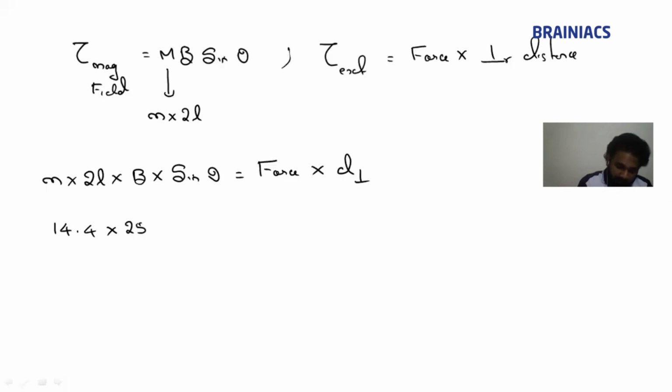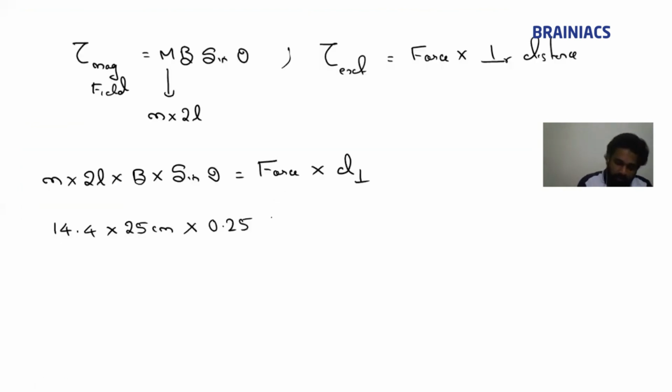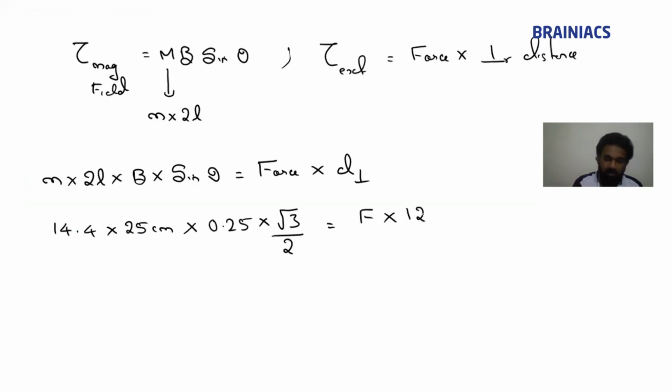So this is 25 centimeter into magnetic field is how much? 0.25 Tesla, into sine 60, so root 3 by 2. This is equal to force into that perpendicular distance, which is actually 12 centimeter. This force is applied at 12 centimeter, so 12 centimeter we can take.